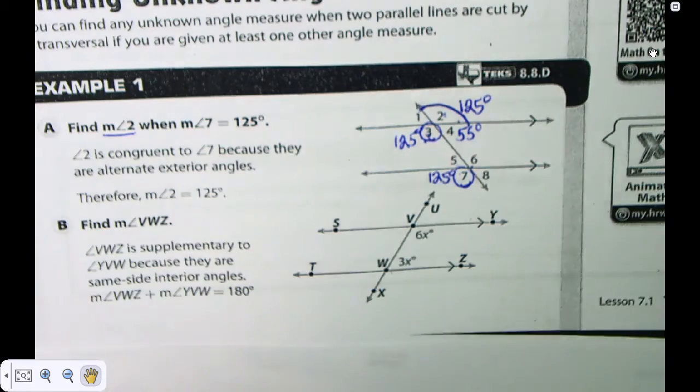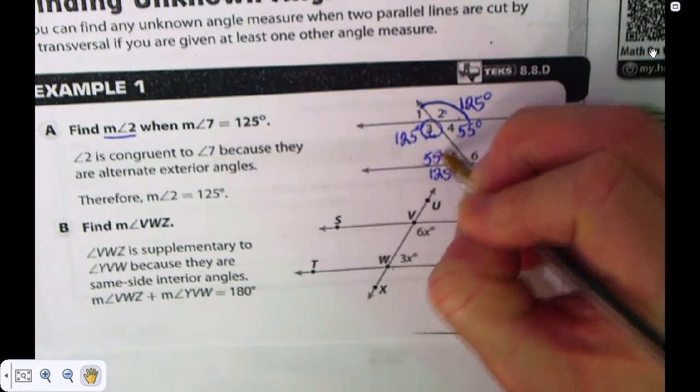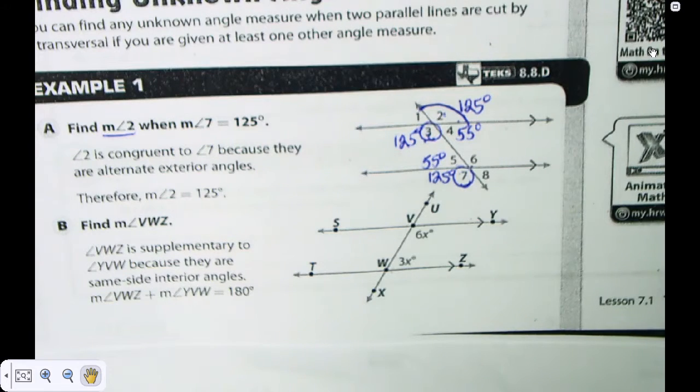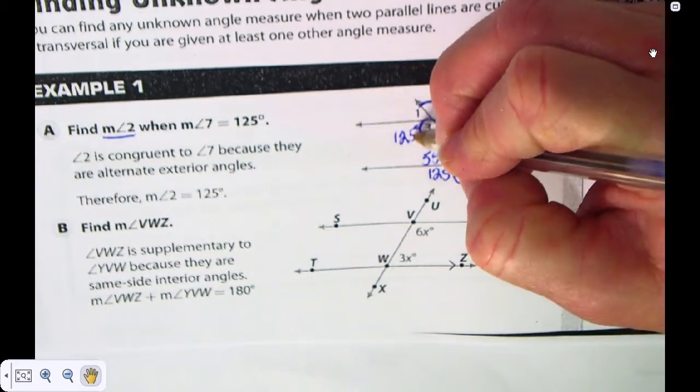Sean? 55 degrees. Hayden, tell everybody why. Why is it 55? There's 3 reasons. Well, no subtraction. We've already subtracted. Why does 5 have to be 55 just looking at the graph? 125.